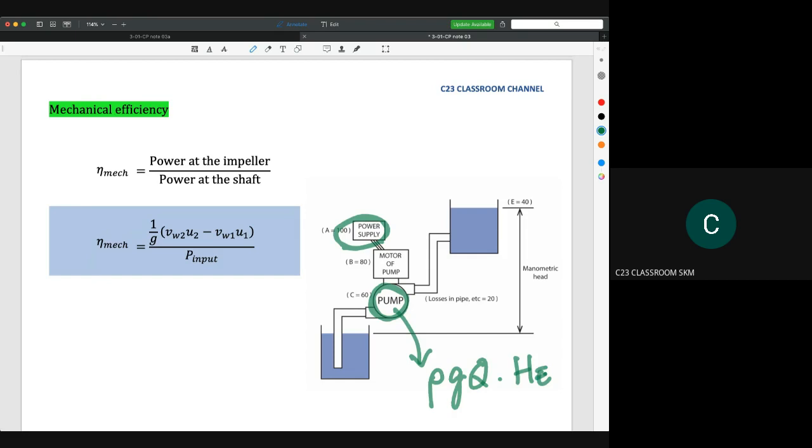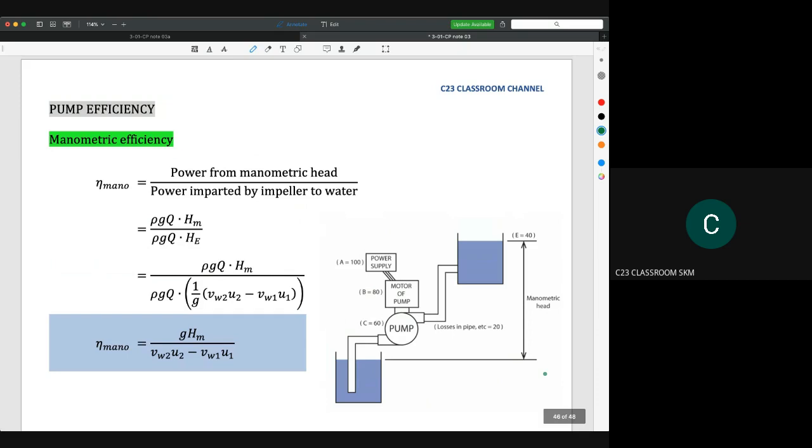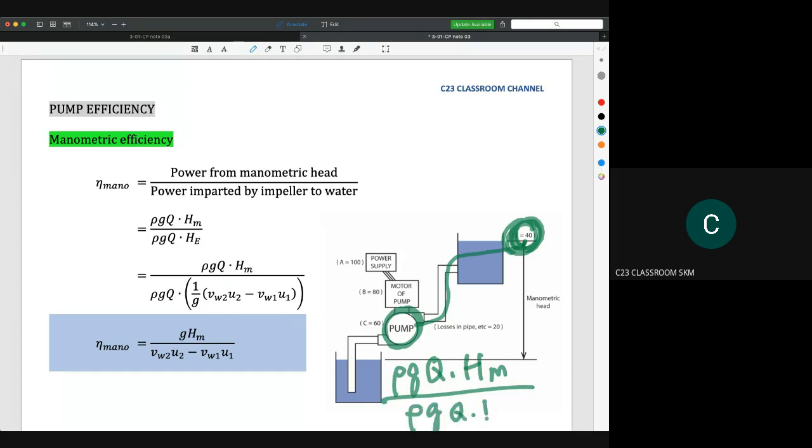Okay, and then if you calculate the previous efficiency, which is the manometric efficiency, you are calculating from the pump to the output here. So that's why you are calculating rho g Q times manometric head as the output, divided by rho g Q times Euler head as the input.